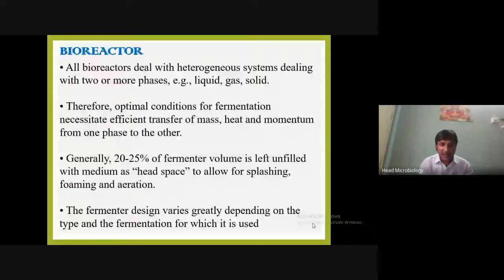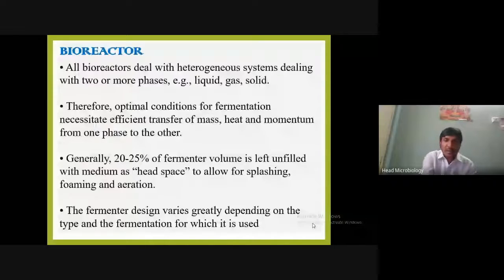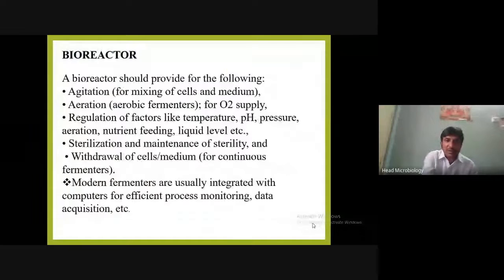The fermenter design varies greatly depending on the type of fermentation for which it is used. Whatever the type of product, you can ferment it in the fermentation process. Coming to the bioreactor, it should provide for agitation, aeration, and regulation. Agitation here does not mean a strike.